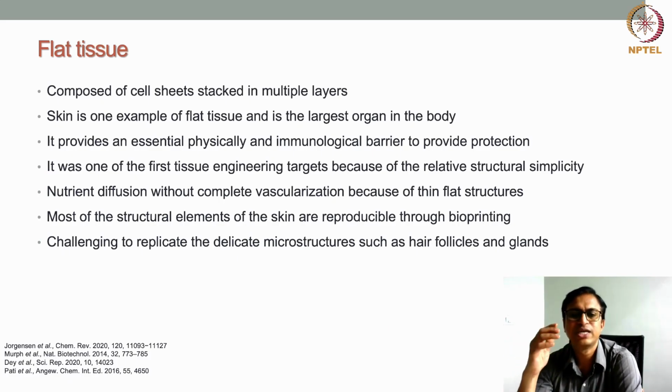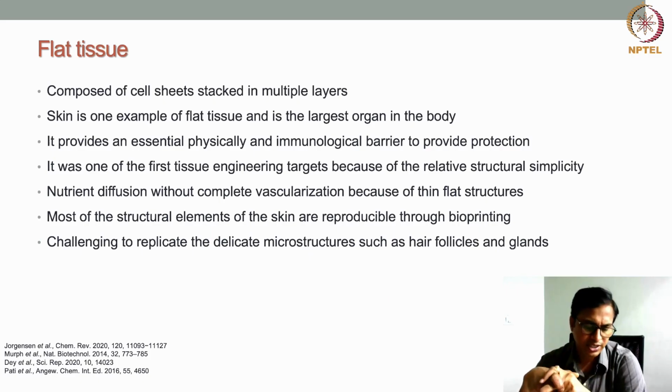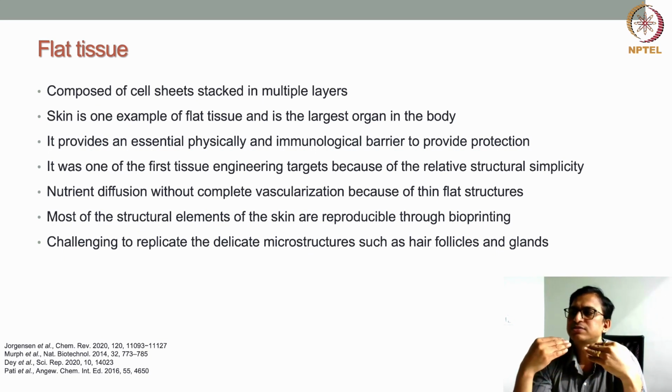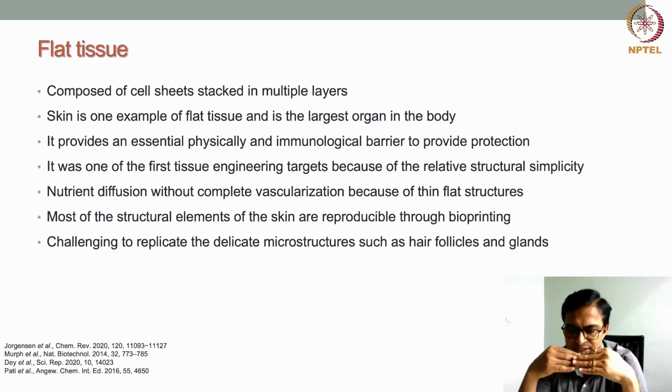So there is no stringent requirement of complete vascularization, because we can supply nutrients, oxygen and other metabolic requirements without vascularizing the whole bioprinted skin tissue.